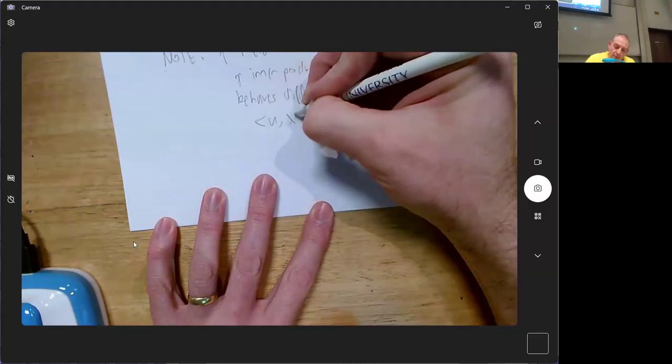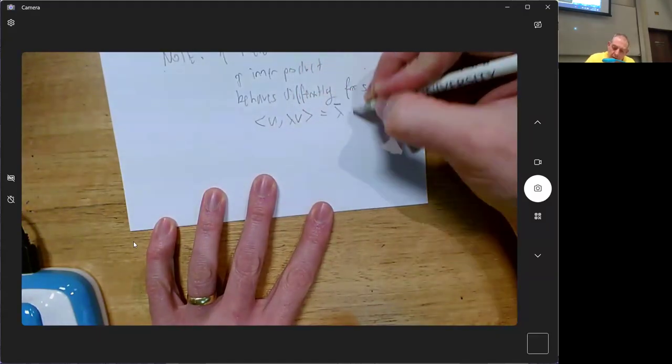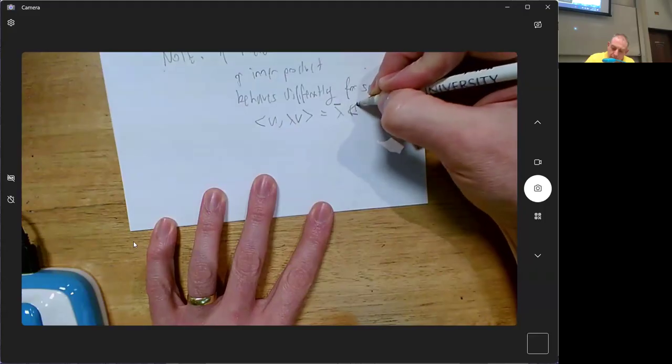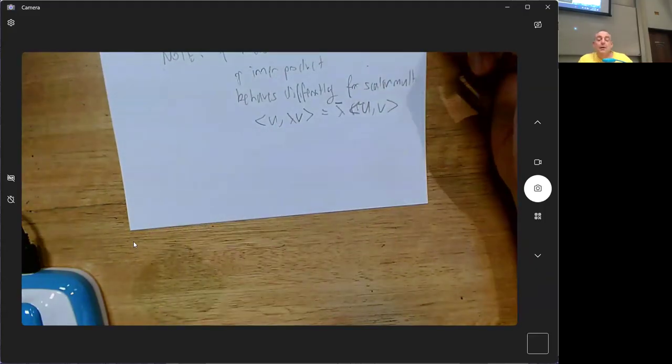U lambda v is lambda bar uv. Okay. Rightio.